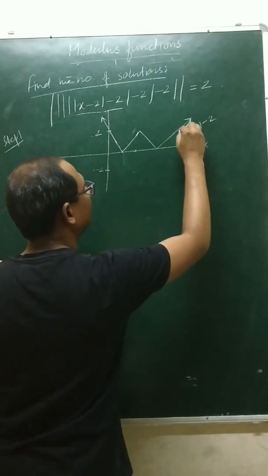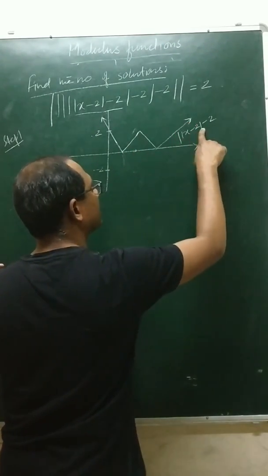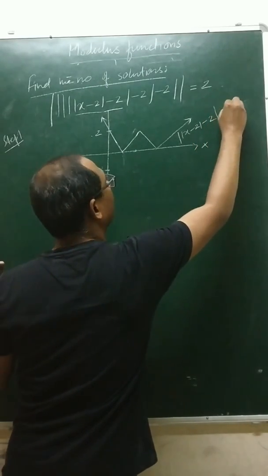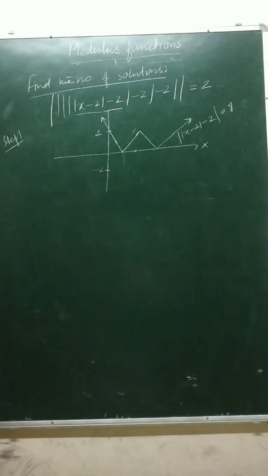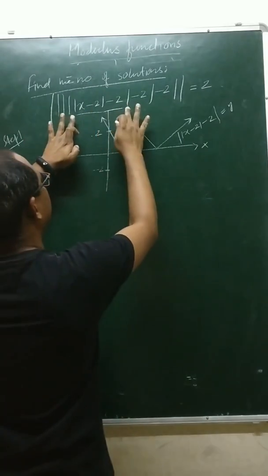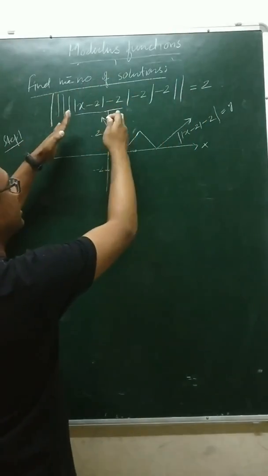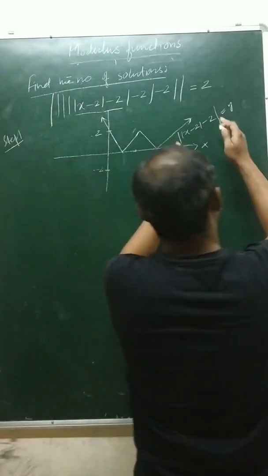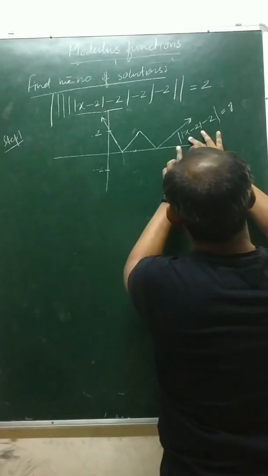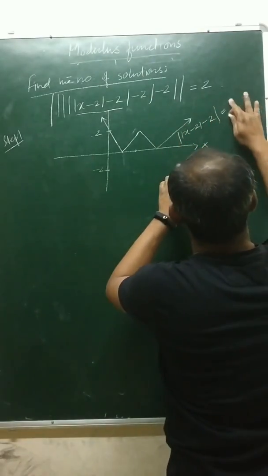So this is now y equal to modulus of modulus of x minus 2, minus 2. Suppose the question was up till here and we are looking for the number of solutions where this is equal to 2.